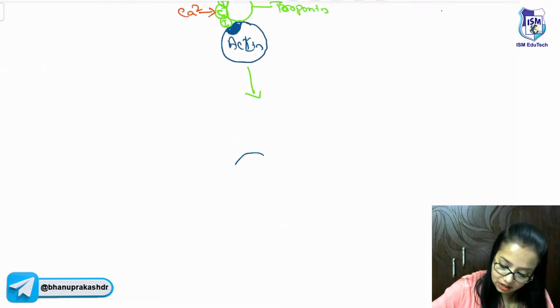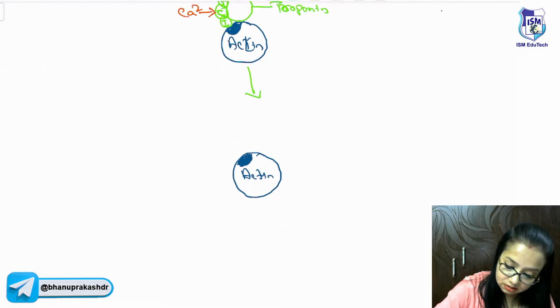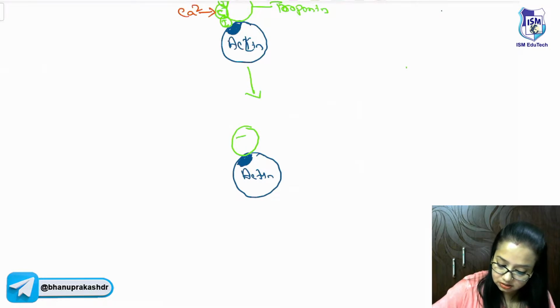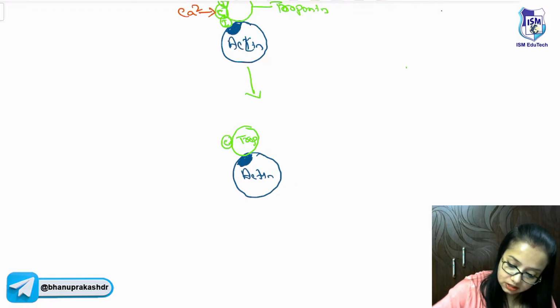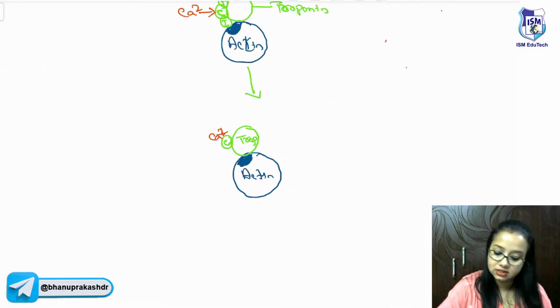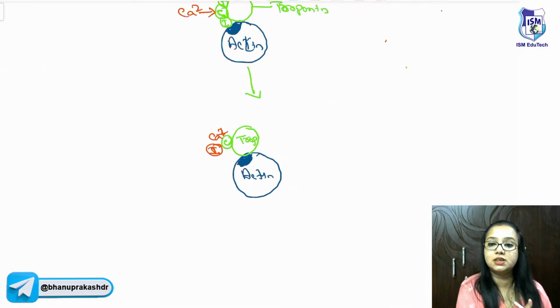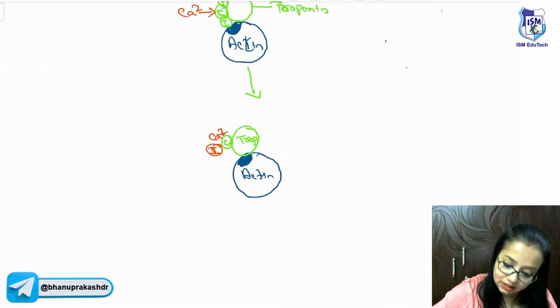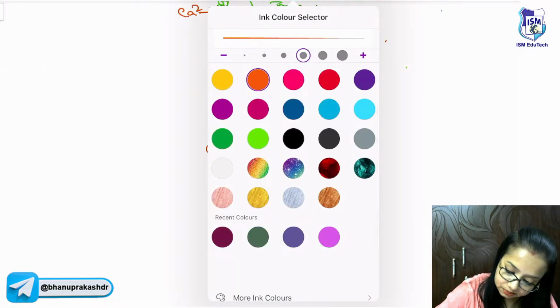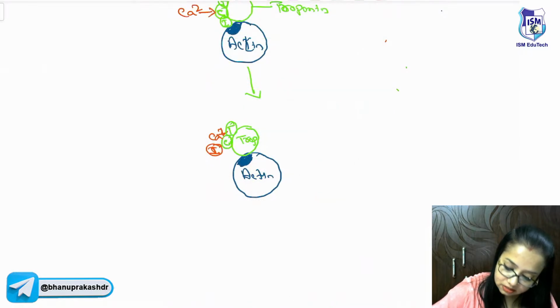Like this is the actin molecule with a binding site, and this is the troponin, and once the calcium is bound, it sways, it pulls the inhibitory site that was bound onto the actin molecule, and it exposes the binding site on the actin.